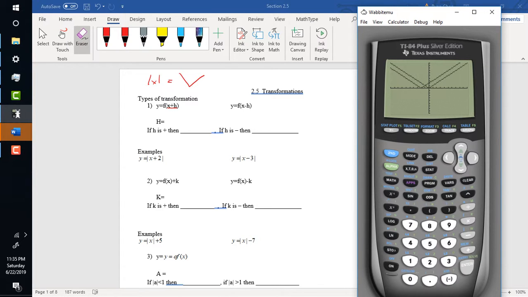So there's a shift to the left. If I press second graph, I notice that my y's do shift to the left by 2. I have my original one, y is 3 when x is 3. Notice here my y2 is 3 when x is 1. So if I'm adding inside the absolute value, it's going to the left by 2.